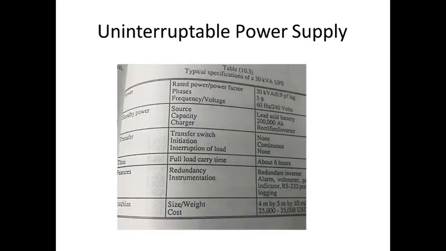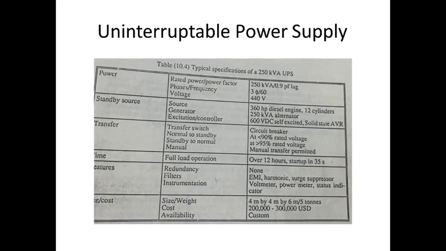Similarly, for a 30 kVA UPS: its power, standby power, transfer, time, features, and size. Similarly, for a 250 kVA UPS: its power, standby source, how the transfer is done, time, features, and cost.